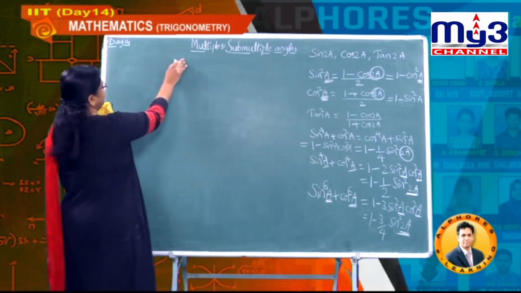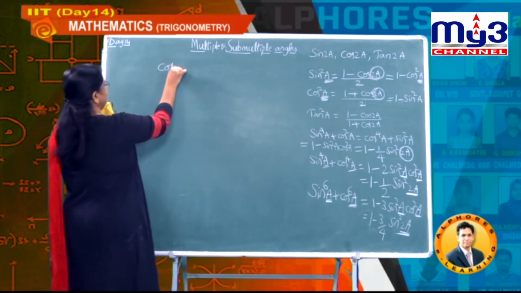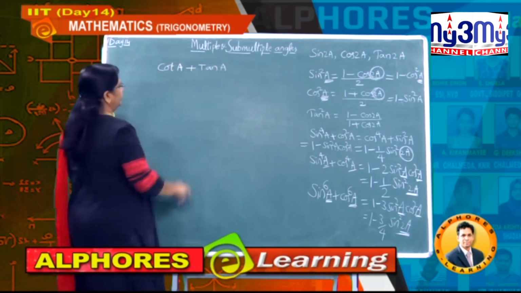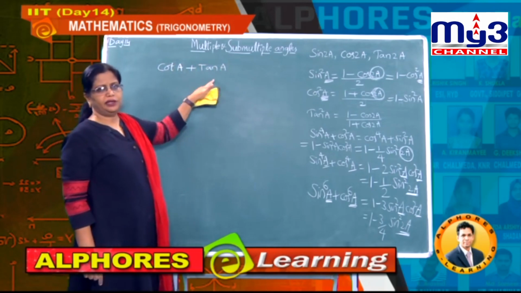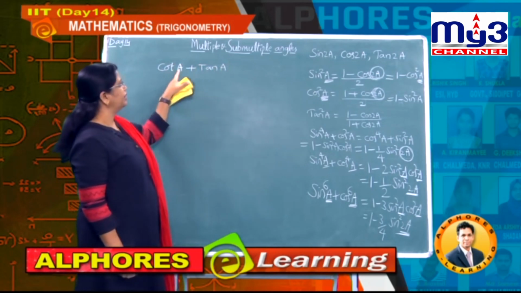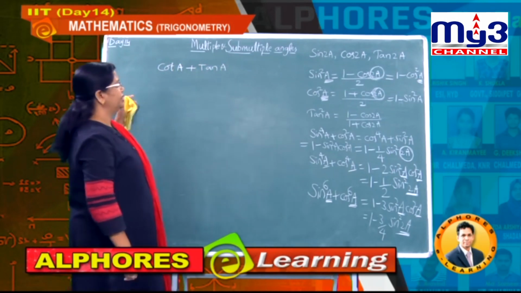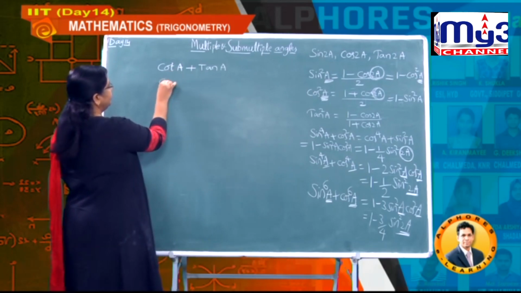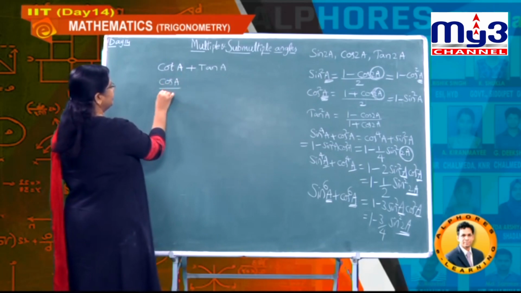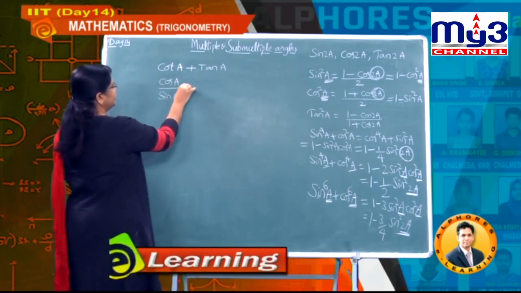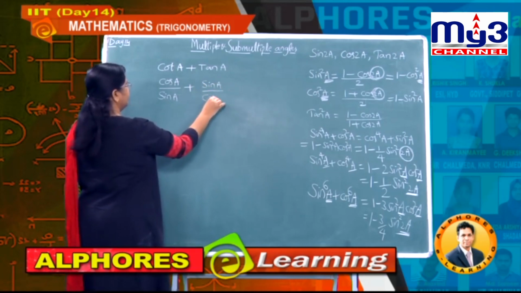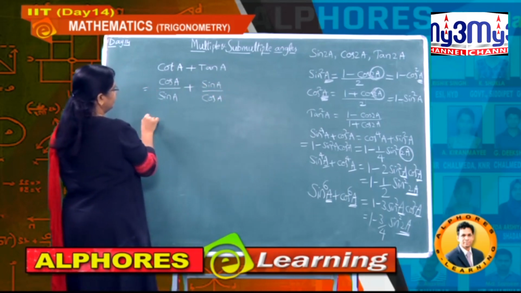Understand? Suppose I write cot A plus tan A. We know cot A into tan A is 1. Now what is the value of cot A plus tan A? This is cos A divided by sin A, plus sin A divided by cos A. Then if you take LCM, what is the value?